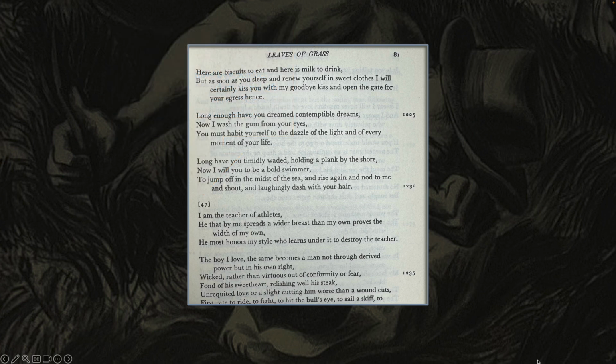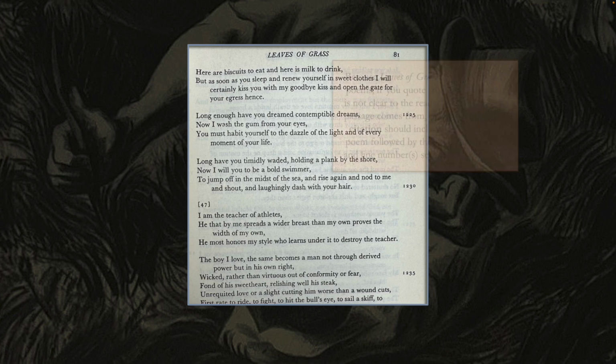So now that we've talked a little bit about the structure of the poem and line breakage, let's talk a little bit about how to cite the poems in Leaves of Grass properly. You will have a number of homework assignments, like I said, that ask you to do this. So we need to talk about some of the different problems that can arise when citing a complicated text like this.